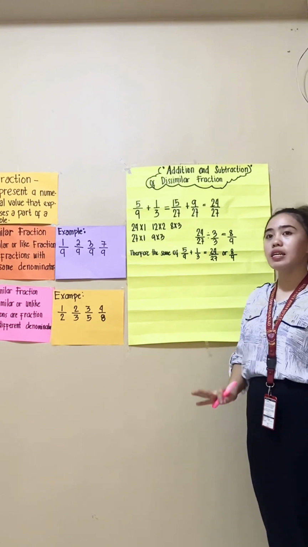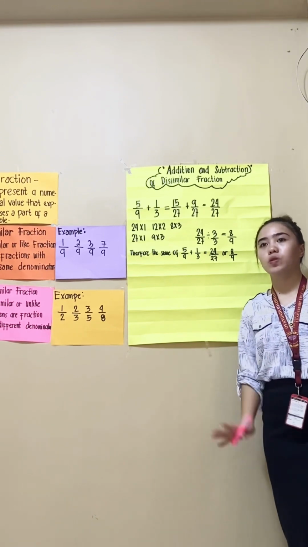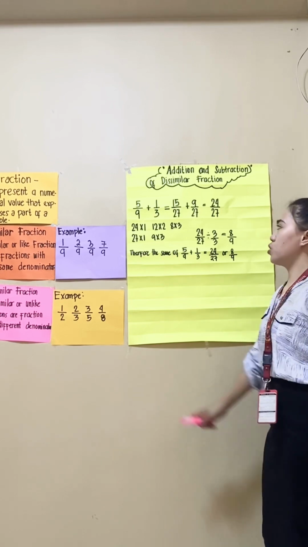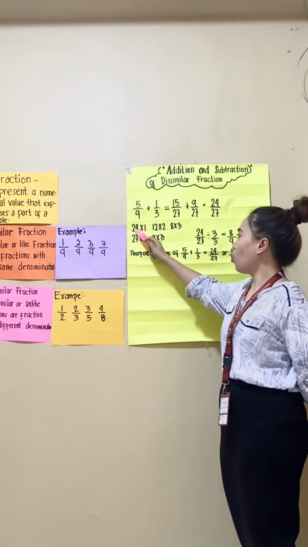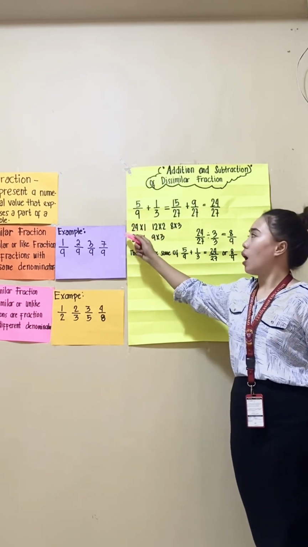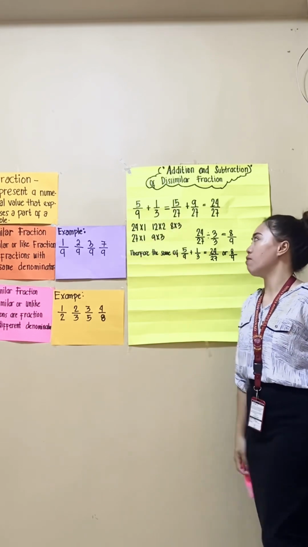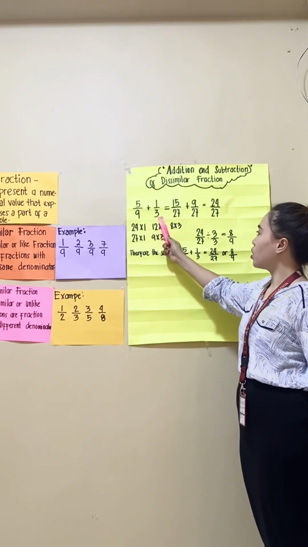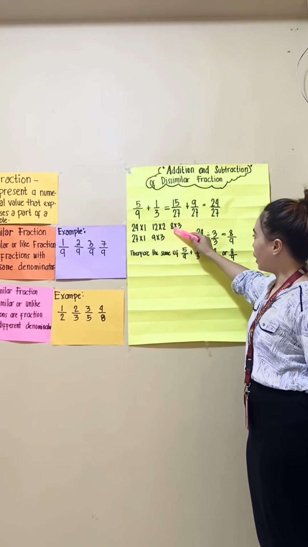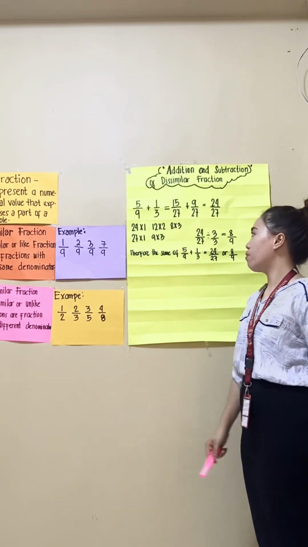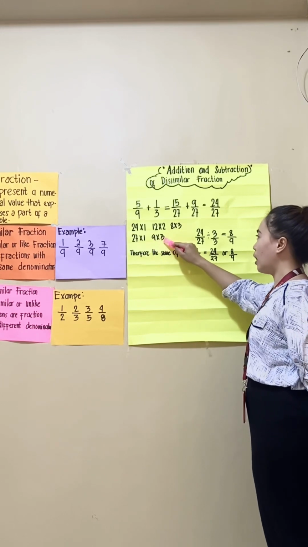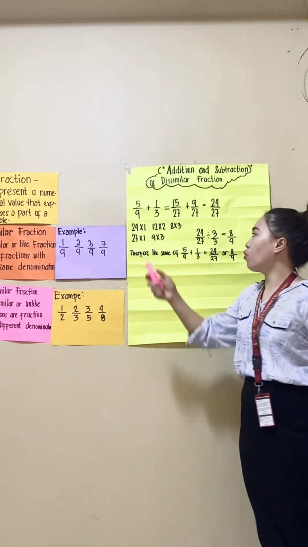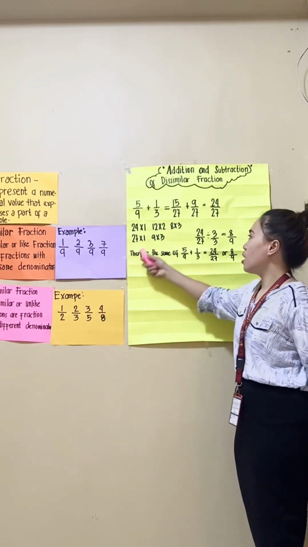And lastly, we need to simplify the fraction if possible. We need to get the factors of 24 and 27. The factors of 24 are 1, 12, 2, 8, and 3, and for 27, we have 1, 9, and 3. The common factor of 24 and 27 is 3.